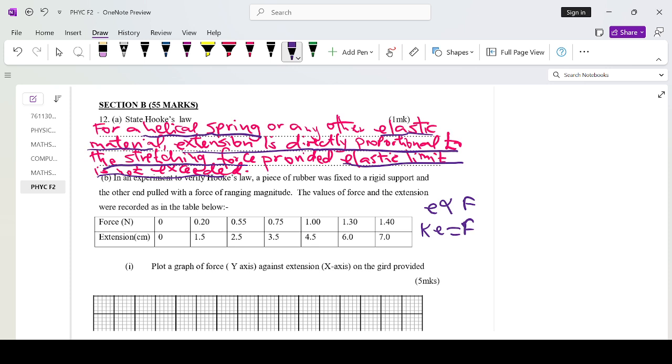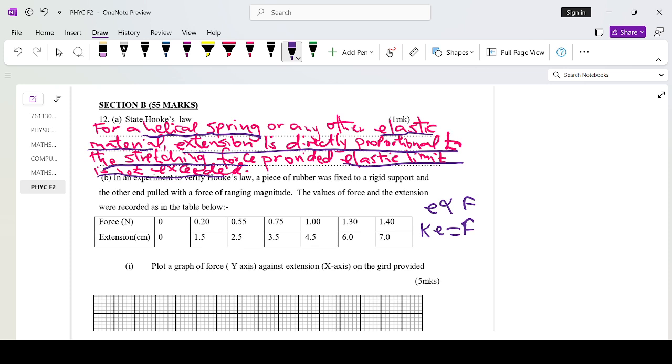Let's see. In an experiment to verify Hooke's law, a piece of rubber was fixed to a rigid support and the other end pulled with a force of varying magnitude.